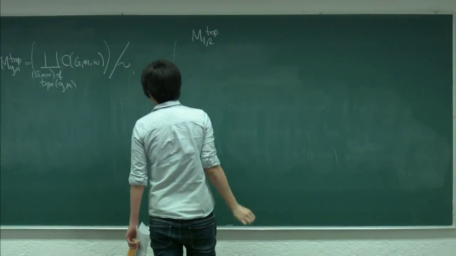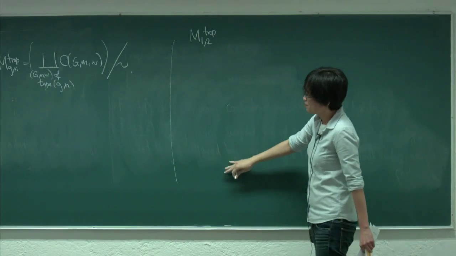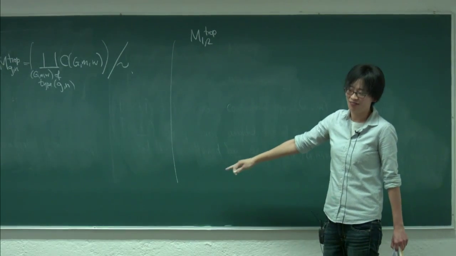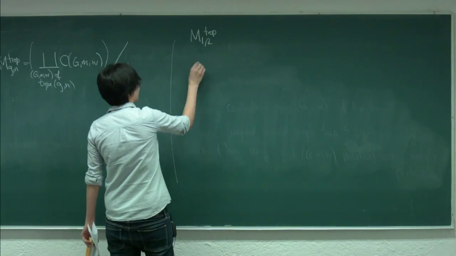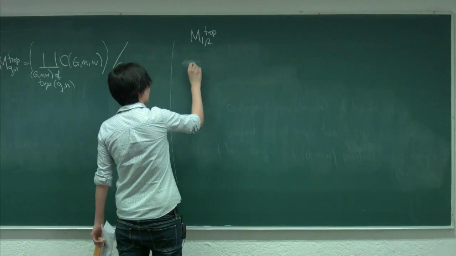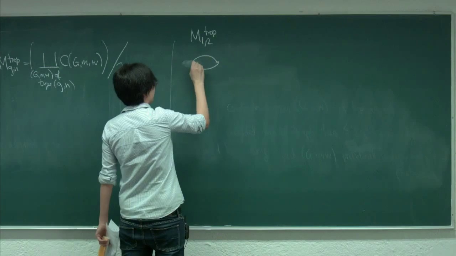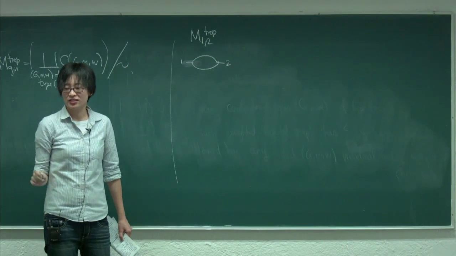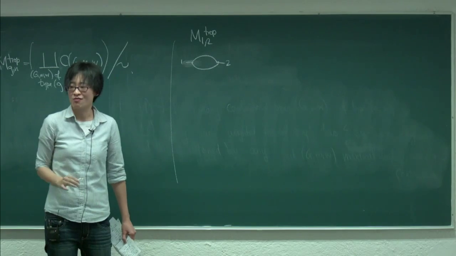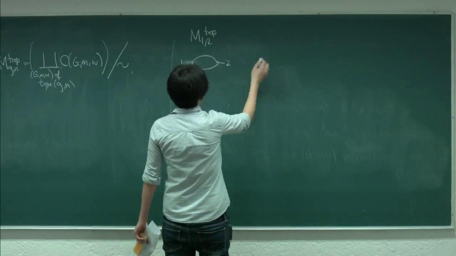Okay, so let's do M12 trop. And for this picture, I'll recall for you the poset, the partially ordered set of 5 combinatorial types of genus 1 with 2 marked points. And again, I'll draw my marked points as little legs coming off vertices. And again, I'll just use the convention that if a vertex has weight 0, I'm not going to write it. There are too many zeros. Okay, so here it is.